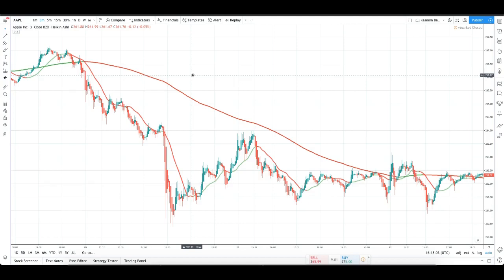You always want to follow the trend. Trading is all about what's going on right now. What's the trend? You want to follow the trend because, quite frankly, your retail trader does not have the means to go against the hedge funds and the people that can just put $1 billion into Apple in one day, or a couple million into Apple in one day.